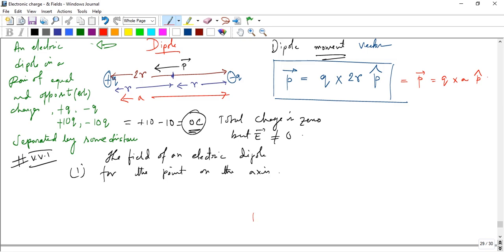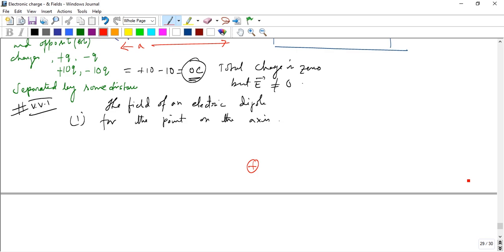One is plus Q and another is minus Q, separated by a distance, say 2a. In between is the middle point of the dipole, and the P vector points in the direction from minus to plus.